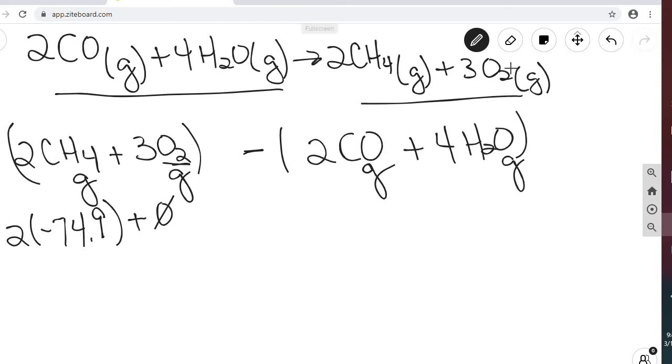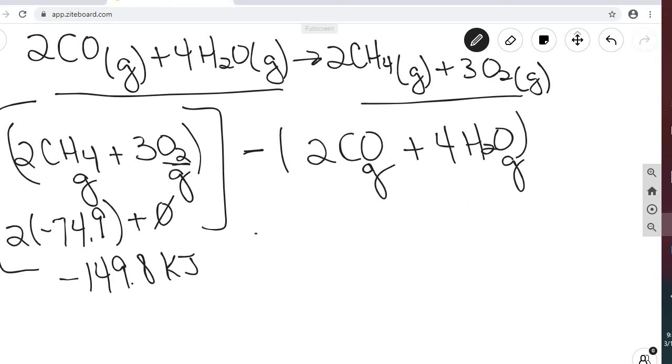So this here is all the product side. So 2 times negative, so this is going to be negative 149.8 kilojoules.